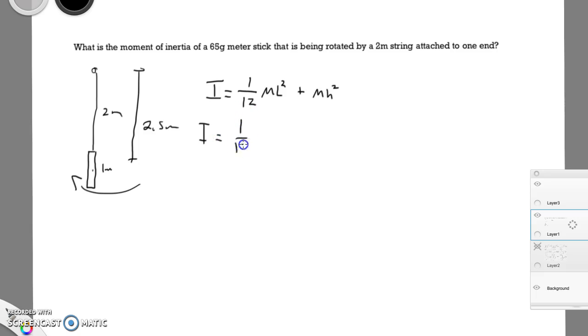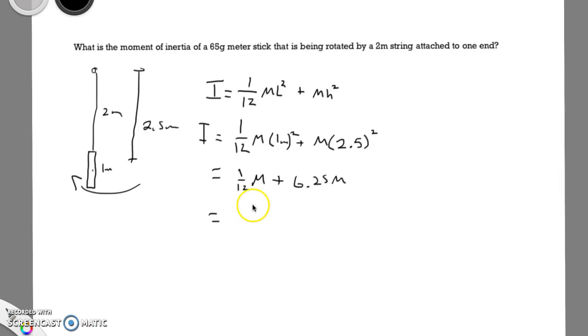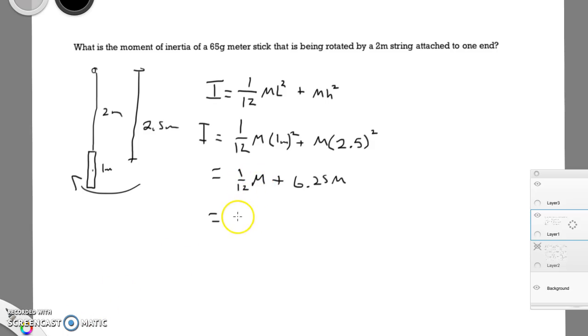So we get 1/12 times m, and the length of the rod here is 1, plus m times h, which is 2.5 squared, or 6.25 m. We'll simplify that with the calculator. So 1/12 m plus 6.25 m gives us 6.33 times m.